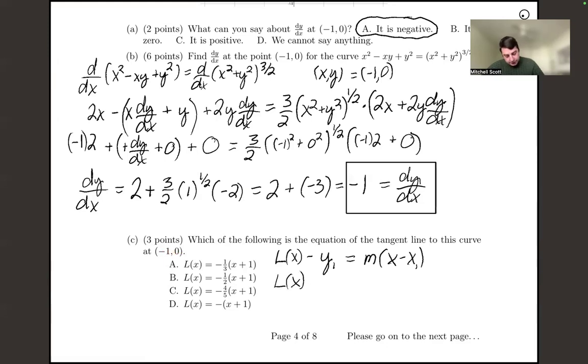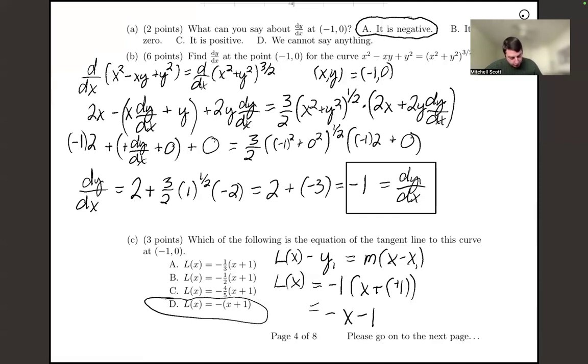So I have L of x equals the slope we found, which is -1, times x minus negative 1, excuse me. Add the opposite. So we end up with -(x + 1) because we have to distribute the negative to both terms. I could leave it as this, but if we were to distribute, we would see that this equals -x - 1, just the same.